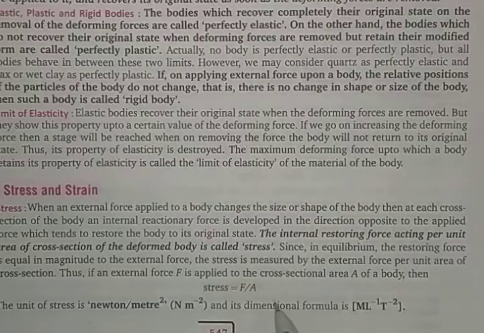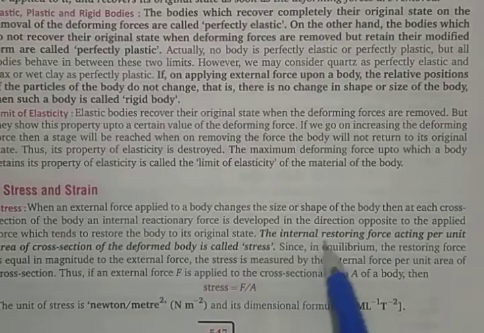So how is it there? Because an internal reactionary force is developed in the direction opposite to the applied force, which tends to restore the body to its original state. That is the internal restoring force per unit area. When it has got equilibrium, the restoring force is equal to the magnitude of the external force. So you get this: stress is equal to F upon A.